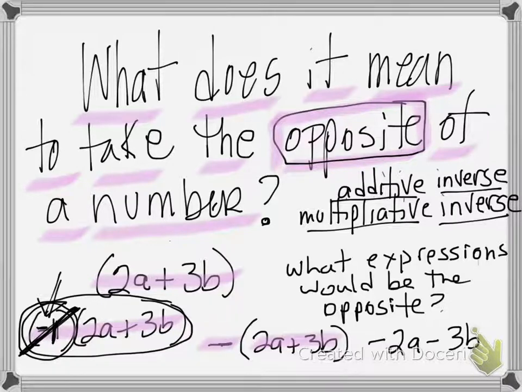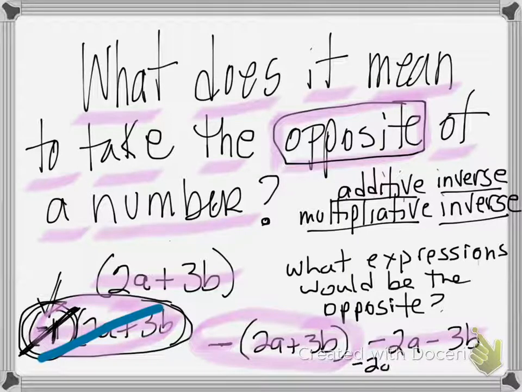This would be equivalent to this, which was equivalent to this, but this one we want to pretty much stay away from. And furthermore, we could also write this one here, negative 2a, remember, plus negative 3b, such as that. So now again we keep our terms separate.